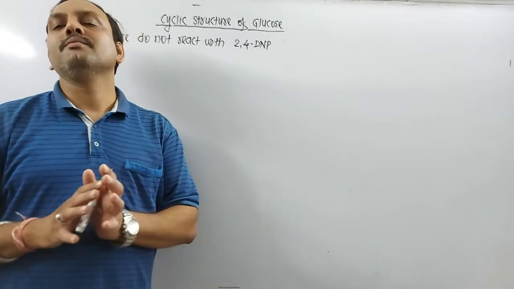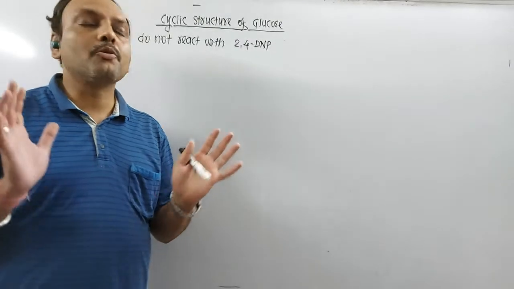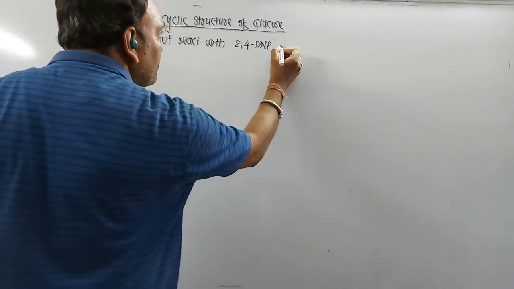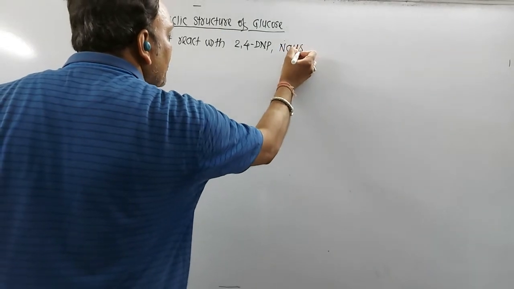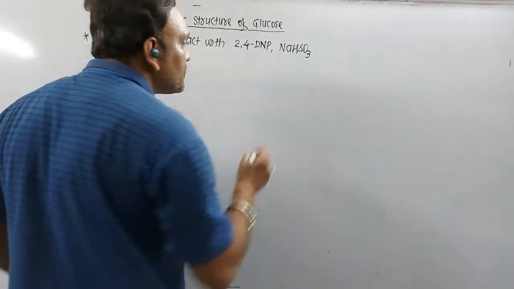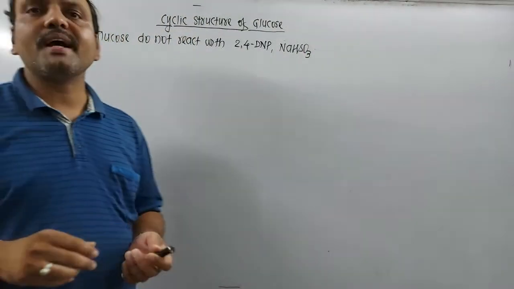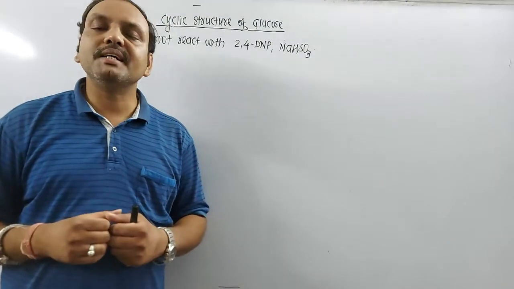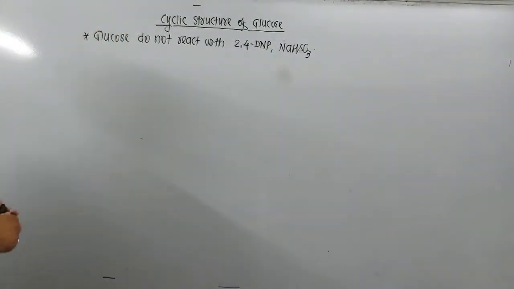And the same thing is expected from glucose, but glucose failed to react with 2,4-dinitrophenylhydrazine. Then NaHSO3, I mean glucose does not give an addition reaction with sodium bisulfite, whereas normal aldehydes do so to give an addition product, what we call the bisulfite addition product.